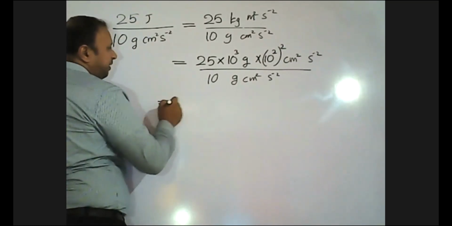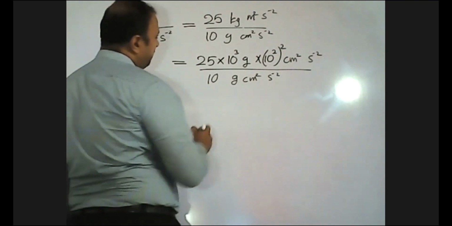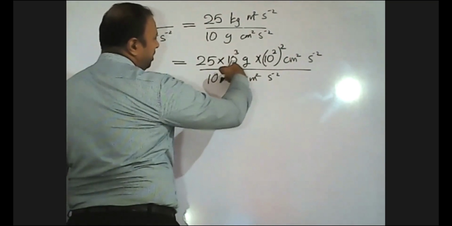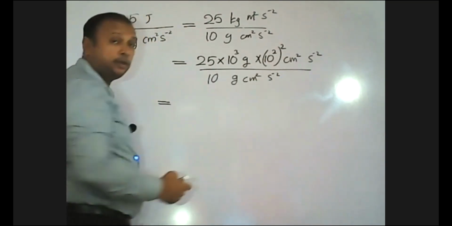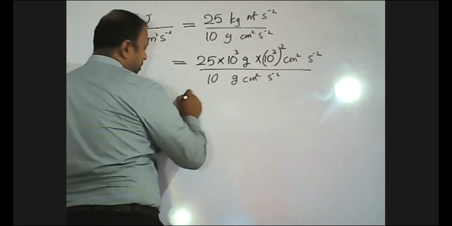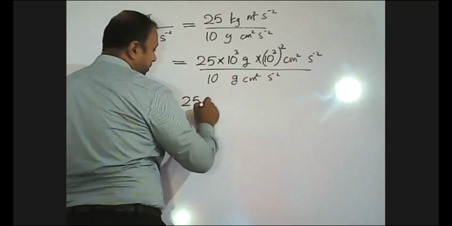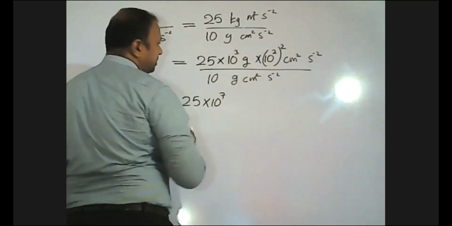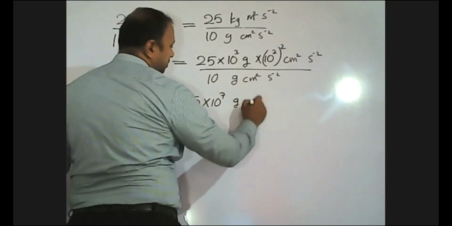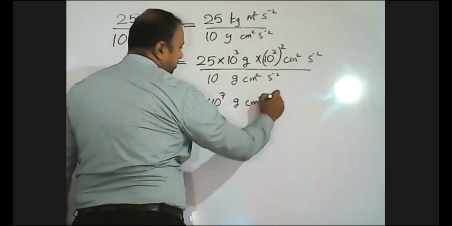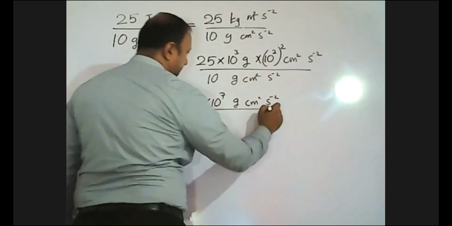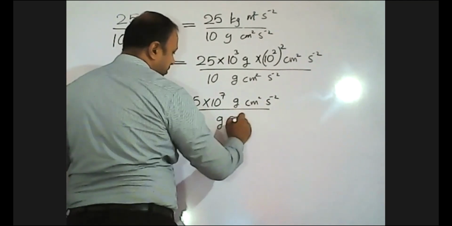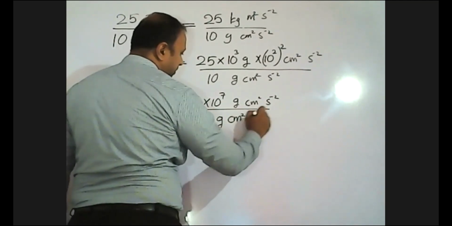So I can simplify this one. If I simplify this one, 10 to the power 3, 10 to the power 4 here. So altogether 25 into 10 to the power 7, 3 and 4, 7 gram centimeter square per square second over 10 gram centimeter square per square second.